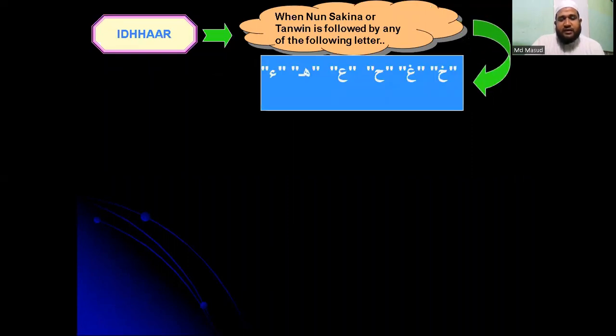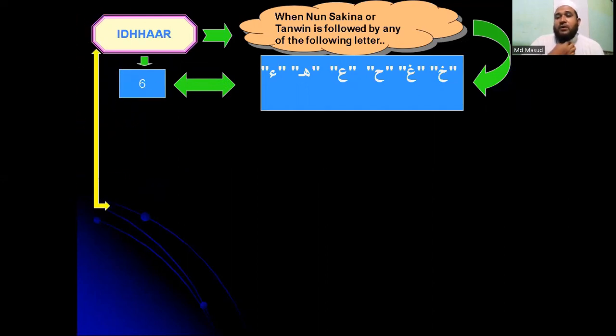What are they? They are Hamza, Ha, Ain, Ha, Ghain, Kha. These 6 letters are called huruf al-halqiyya because they are pronounced from our throat.